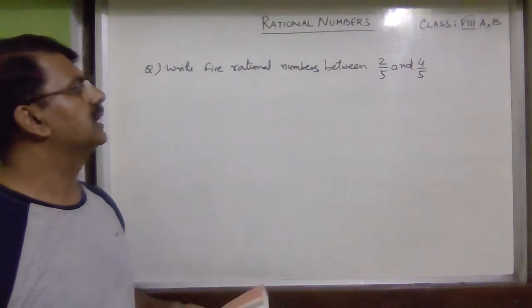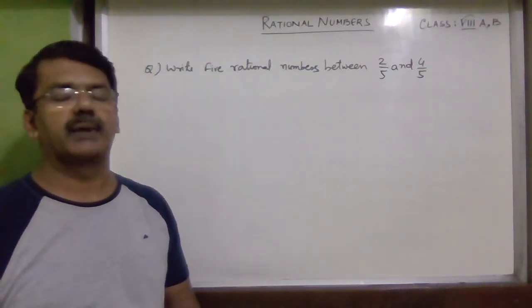Write 5 rational numbers between 2 by 5 and 4 by 5.